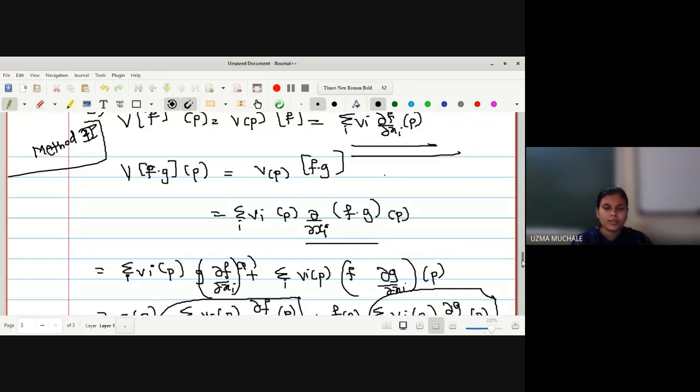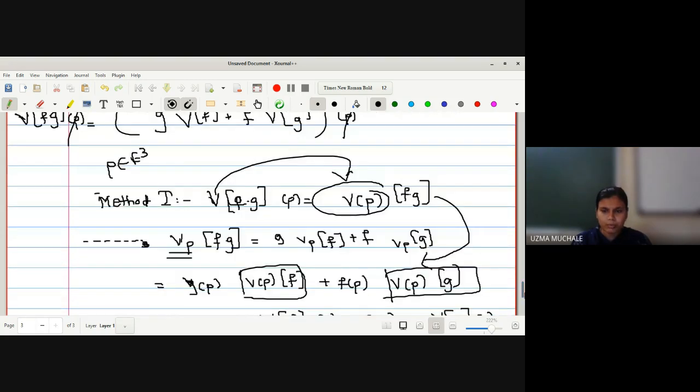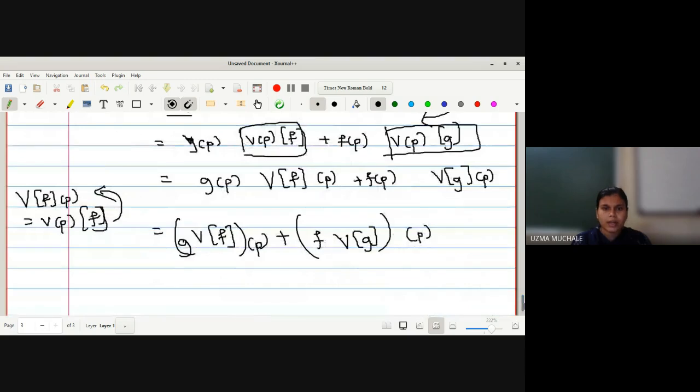Firstly, you have to use the definition as it is, and another way you have to use it in reverse. Whichever you feel is easy, you can apply. Here we have used the formula. Method 1 means you just go by point-wise application. At that time, you should know at every step what the reason to write is. Okay, is everyone with me? Yes, ma'am.